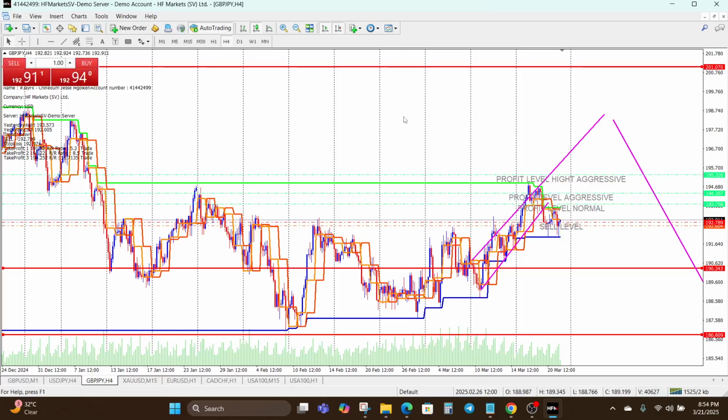It automatically calculates ideal entry points for buy or sell trades. It then plots your stop loss and 3 take profit levels on the chart, so you don't have to figure it out manually. And here's the best part. It works across all Forex pairs and all time frames, making it perfect for every trader.